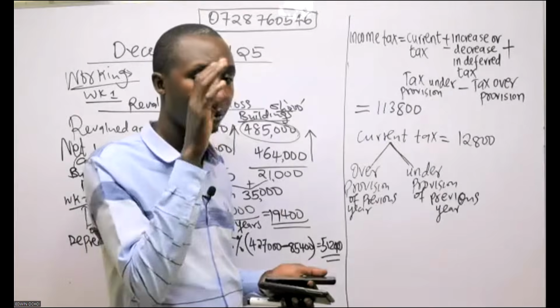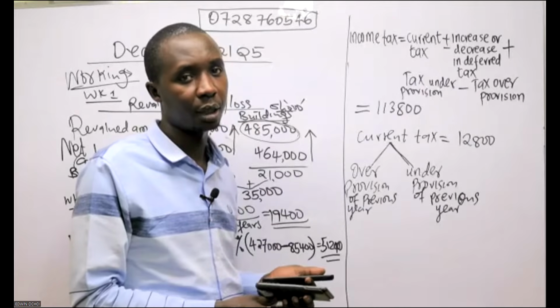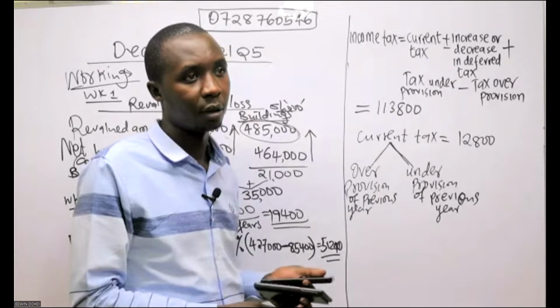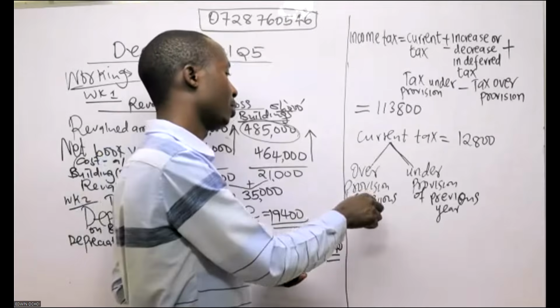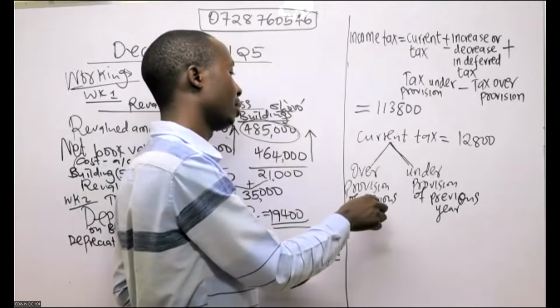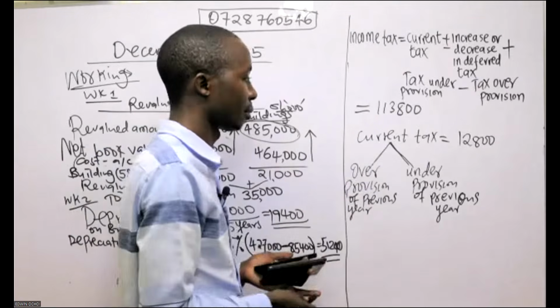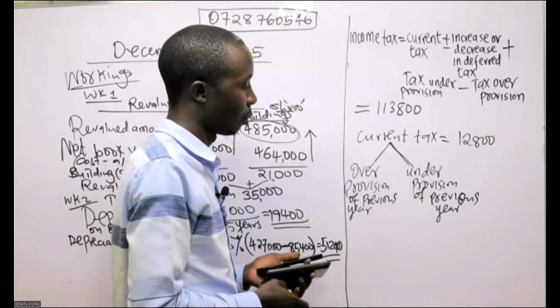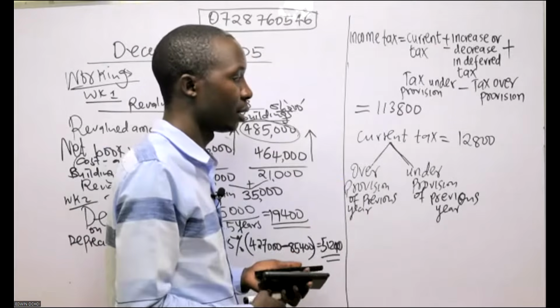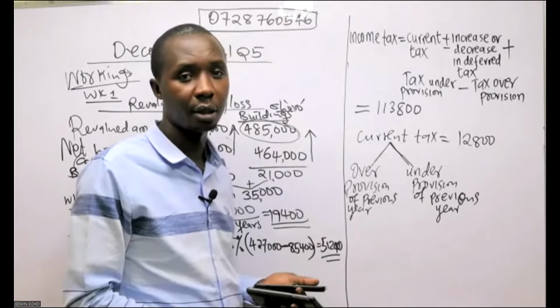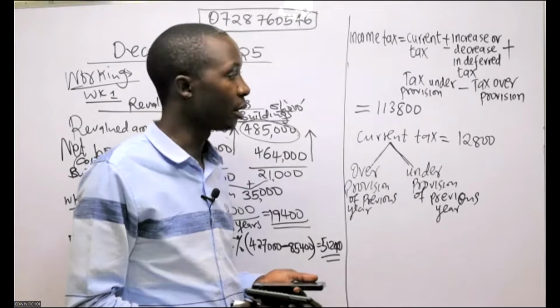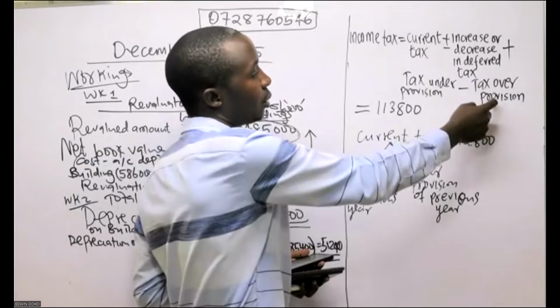Remember, if we made an over provision of the previous year's tax, we will reduce the tax. It will reduce the tax of the current year.